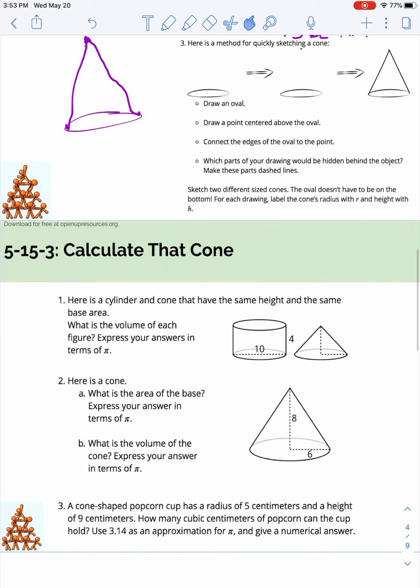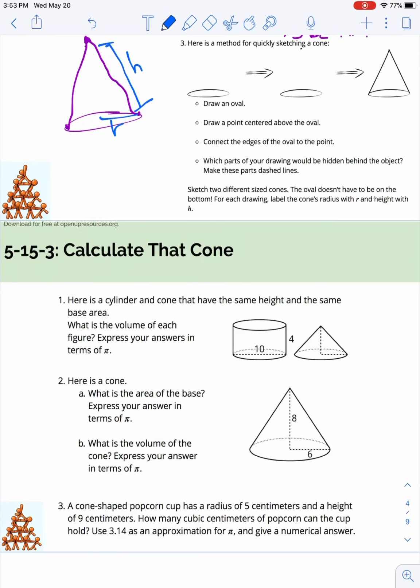Sketch 2 different size cones. The oval doesn't have to be on the bottom. For each drawing, label the cone's radius with an R. So for this part, you're just going to go R, and H for the height.